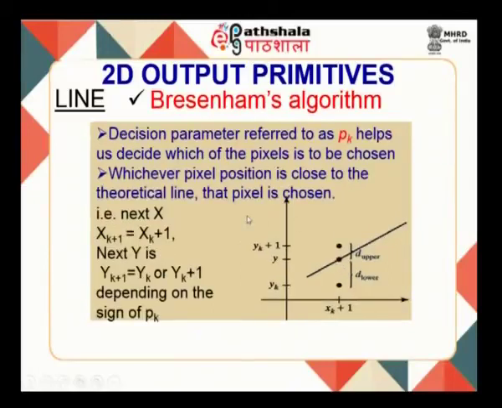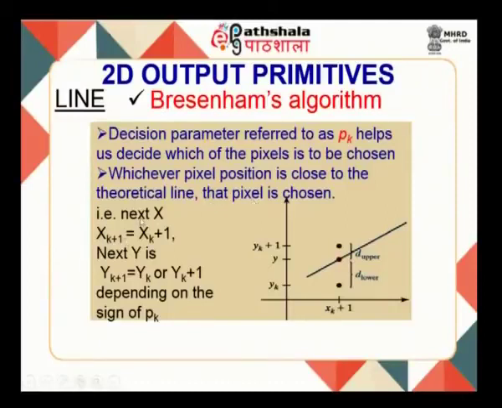Let us check how this decision parameter is actually computed, and in the derivation we will be doing this. A decision parameter, denoted as p suffix k, helps us decide which of the pixels to be chosen. Whichever pixel is close to the theoretical position, we will choose that pixel.